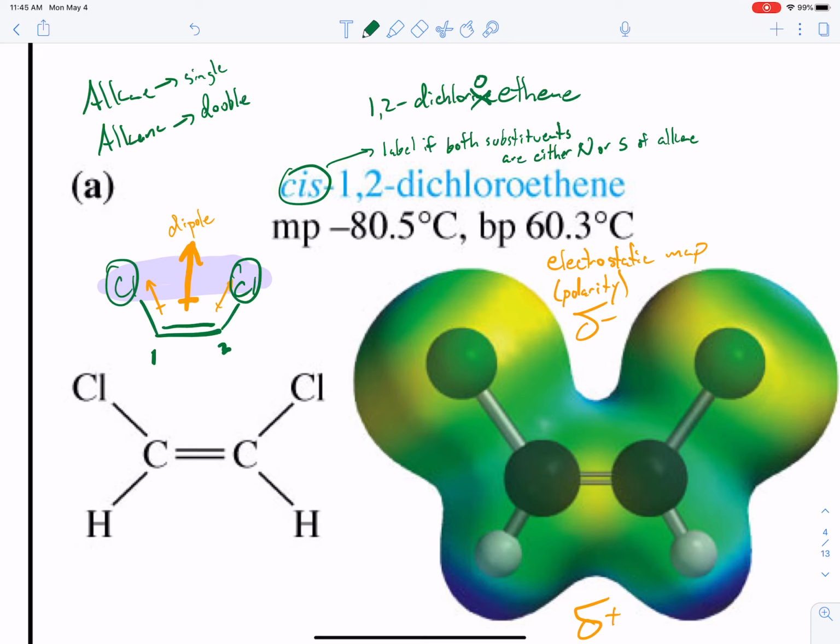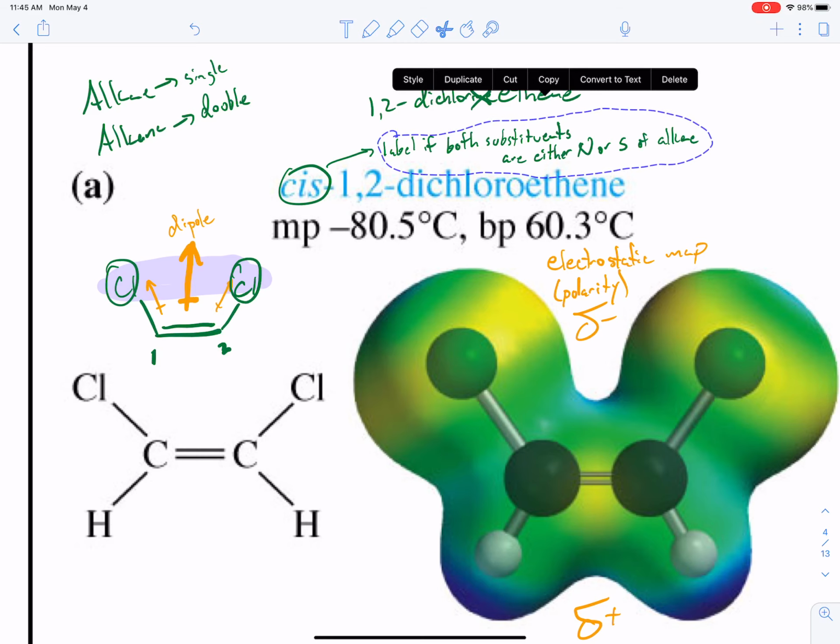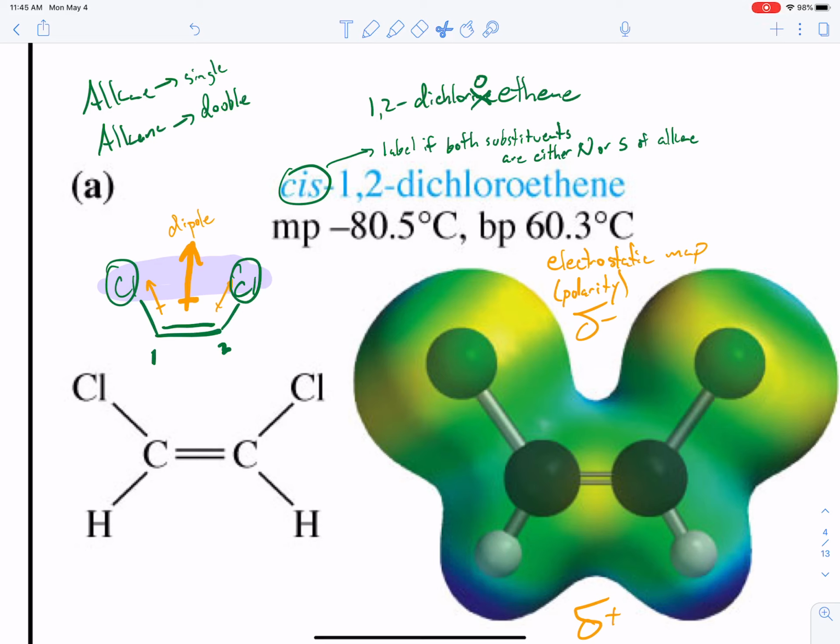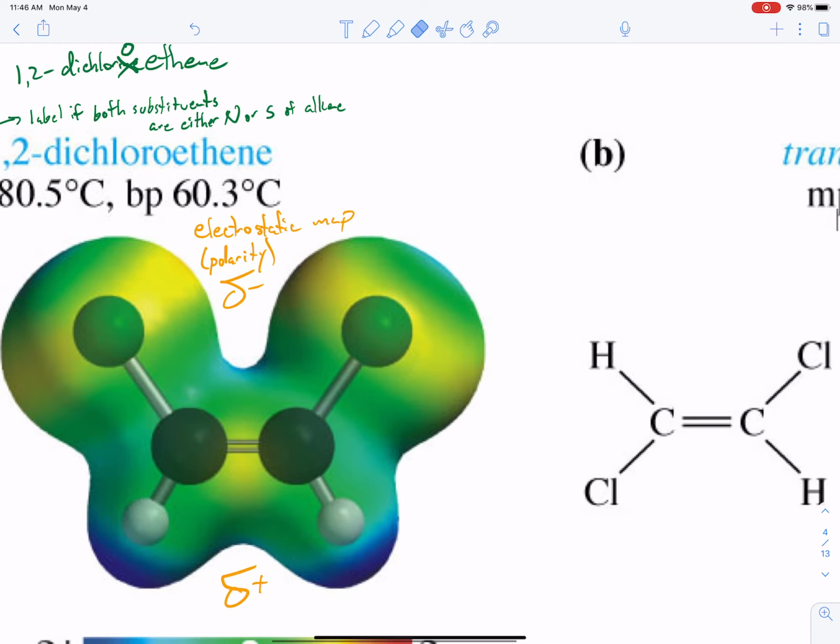Okay? So that's kind of an important thing. This is the label that you use if your substituents are either north or south. Both of them have to be north or both of them have to be south. That means we're going to get a nice little polarity map that's shown right here, this electrostatic map.